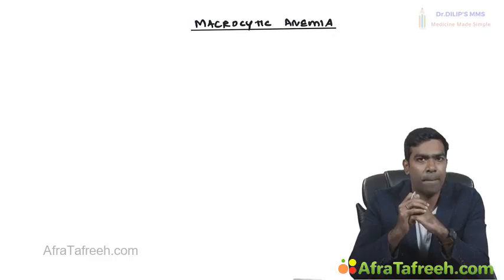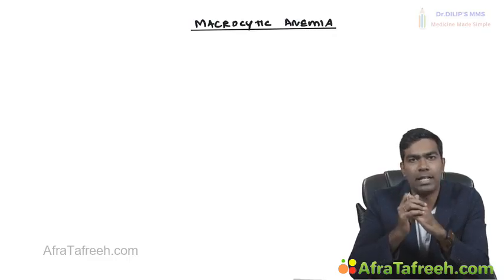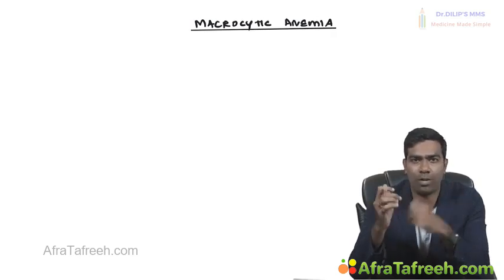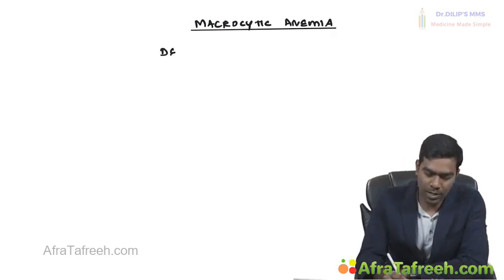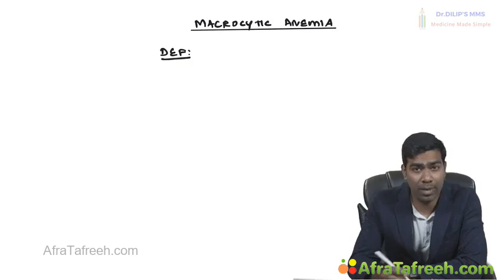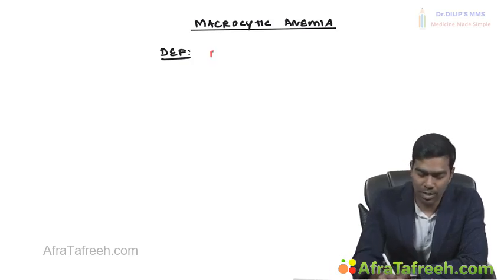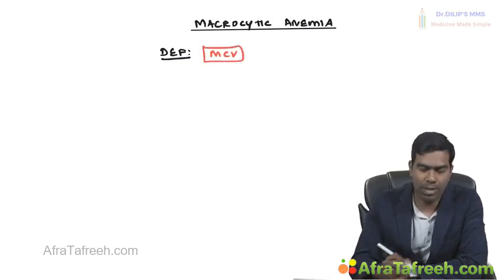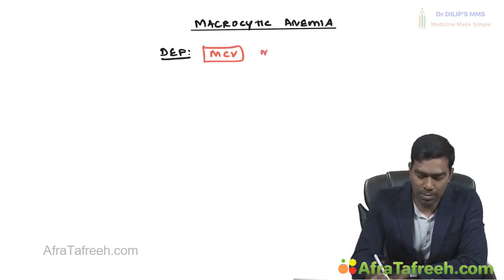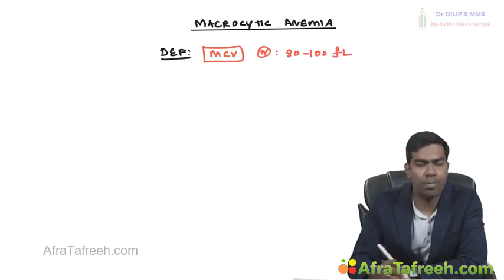Before going into B12 and folate deficiency per se, let us see the definition of macrocytosis. First, what do you mean by macrocytosis? It depends on the mean corpuscular volume, the MCV of the RBC. You know that the normal MCV of the RBC is somewhere between 80 to 100 femtoliters.